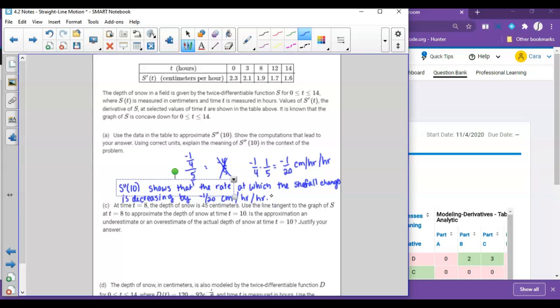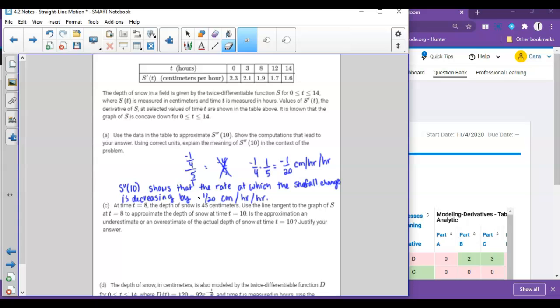Or you could say it's decreasing at a rate of 1/20 centimeters per hour per hour. Since I said decreasing, I should not put the negative there. So it's the rate that the snowfall is changing that is decreasing. A lot of you just said the amount of snowfall is decreasing, which is what you would use to describe the first derivative.